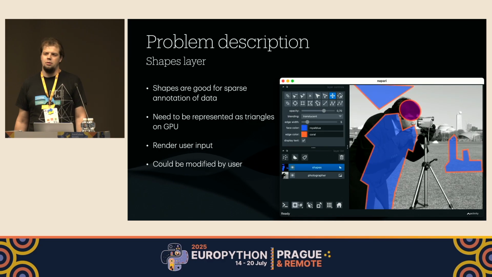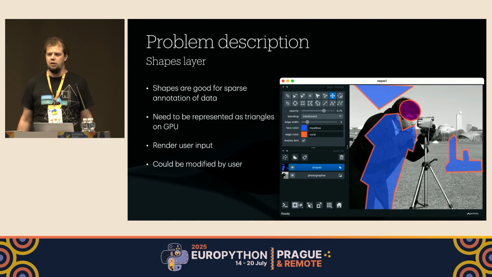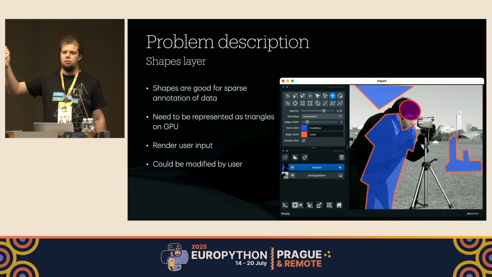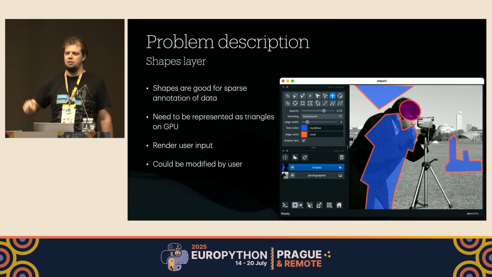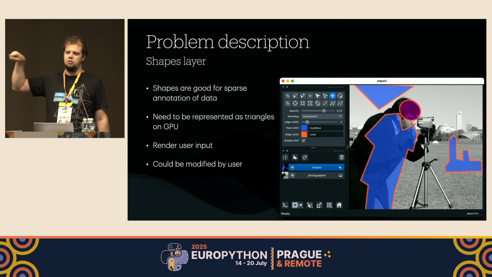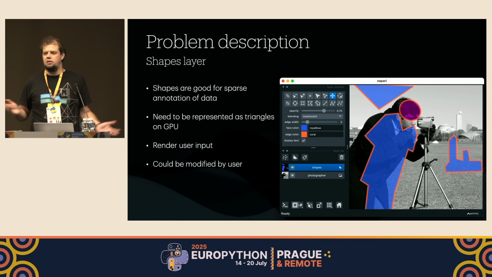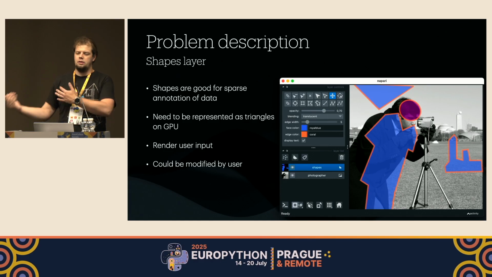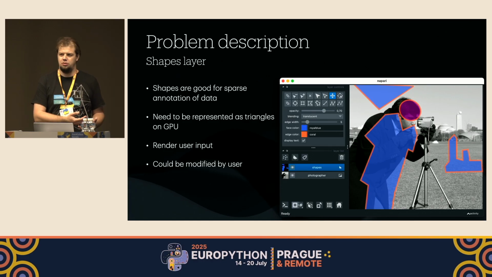So, what is the problem? When we would like to annotate data, we may do it in two ways. We might do labeling, so pixel-wise annotation, where we have exactly the same array as the image and label pixel by pixel which class the pixel belongs to. Pros: it is really easy to map the data to the annotation. Cons: the annotation is huge.